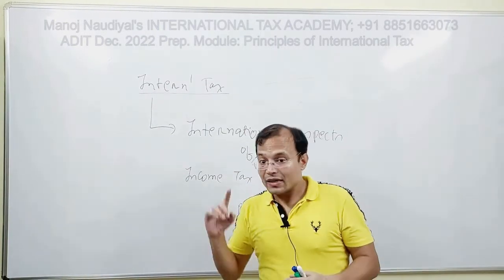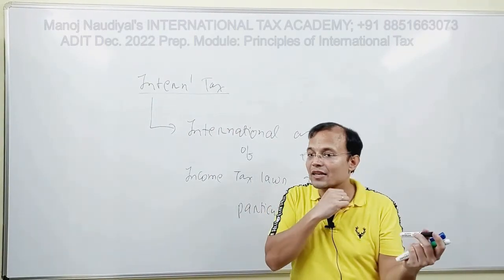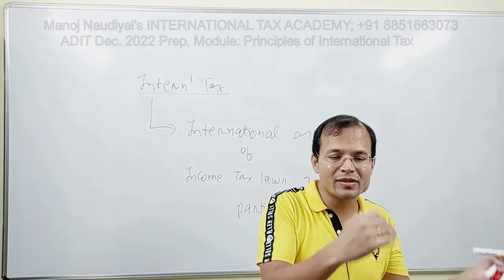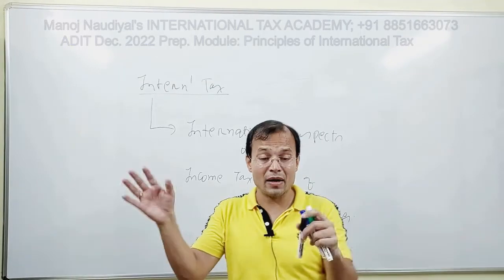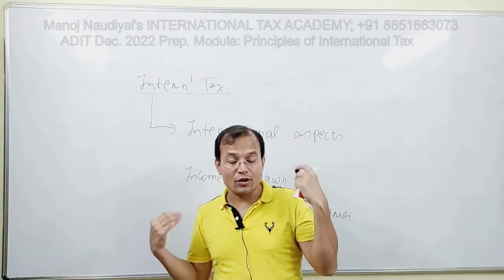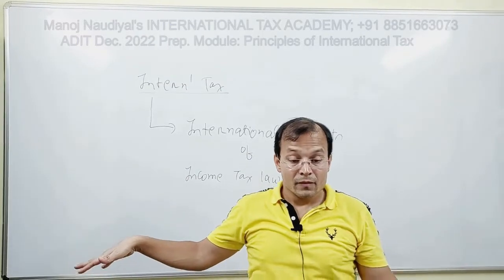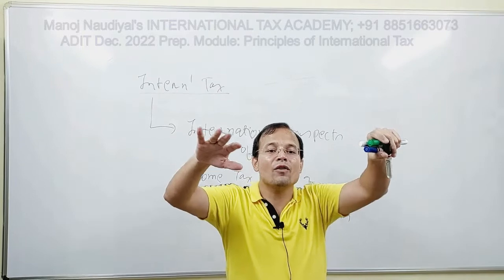So tax laws are not international. Why? Because they are the creation of individual states. India is creating its own tax laws, USA is creating its own tax laws, and then Netherlands, Australia, UK, Japan, everybody is creating its own tax laws. So how can you have an international tax law? How can you have a law which will be applicable for all the countries?